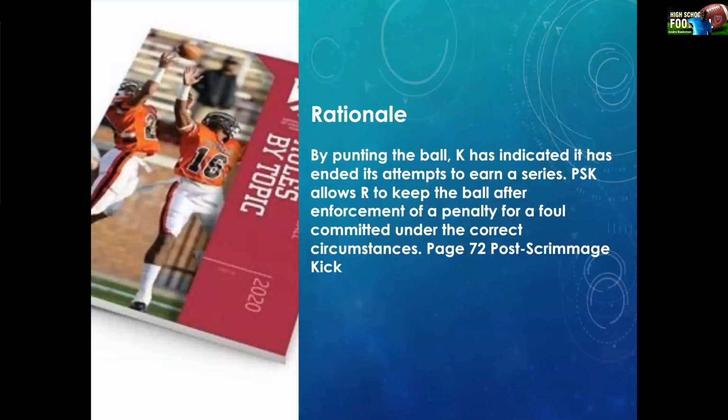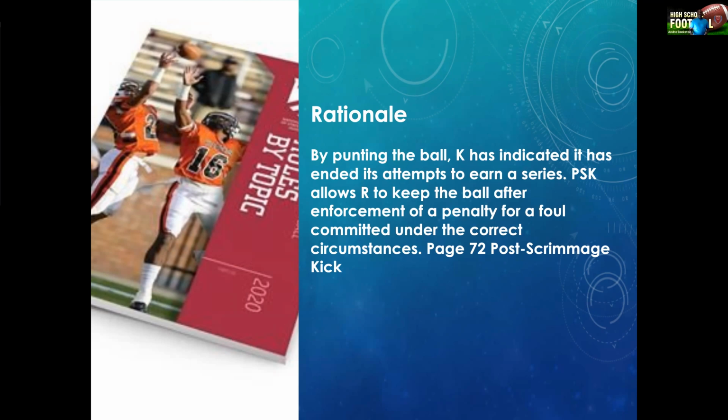All right. Rationale, and this is rules by topic. By punting the ball, K has indicated it has ended his attempt to earn a series. PSK allows R to keep the ball after enforcement of a penalty for a foul committed under the correct circumstances. So that clean hands rule does not apply on a kick, right?